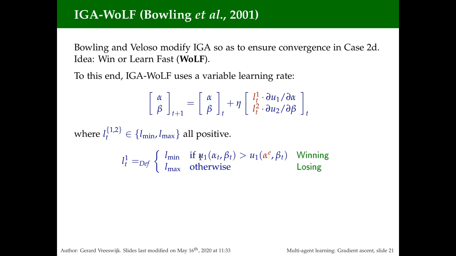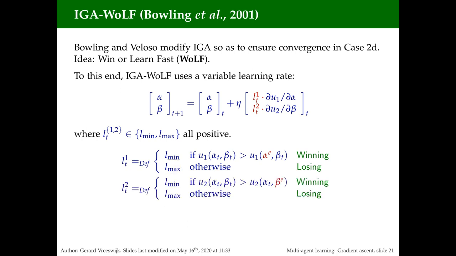So this is called winning. So if his payoff is larger than the payoff in the combination of its own Nash equilibrium and the same mixed strategy of the opponent, that's called winning. And learn fast otherwise. So if you're not winning, if you're losing, then learn fast.